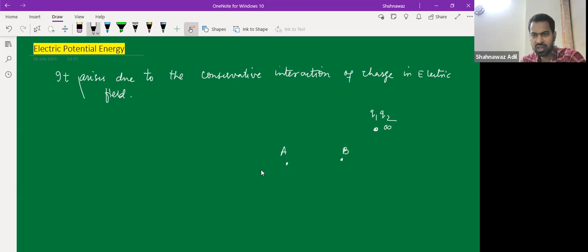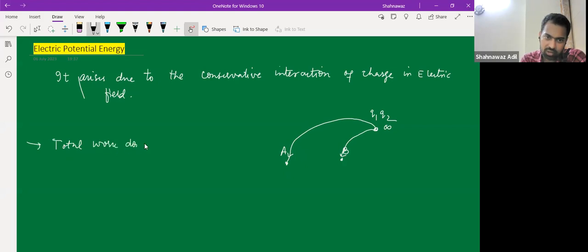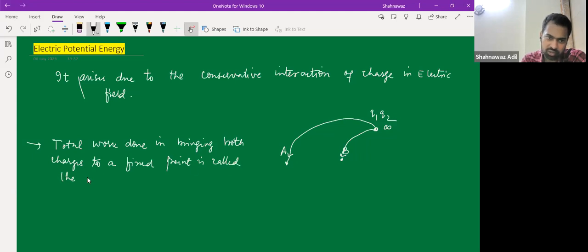So first what you do is that you take Q1 to A, and then after that, you take Q2 to B. So the total work done in bringing both charges to a fixed point is called the potential energy.